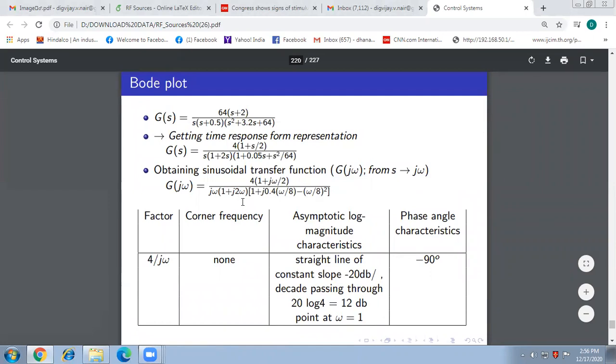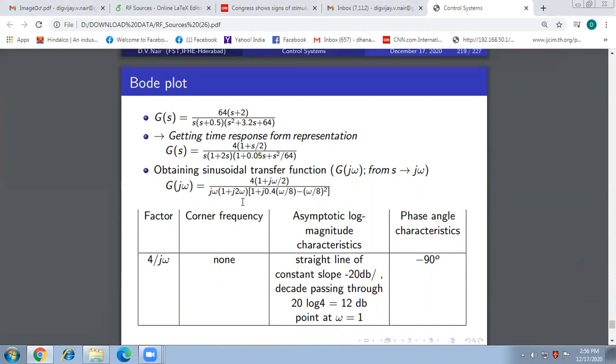Now I am arranging the terms in order of lowest corner frequencies. Remember, as we see, the corner frequency was none for the first term. For this factor, 1 upon 1 plus j2 omega, its corner frequency is 1 by 2. The reciprocal of the coefficient of omega gives the corner frequency. So 1 by 2, that is 0.5, is this corner frequency.